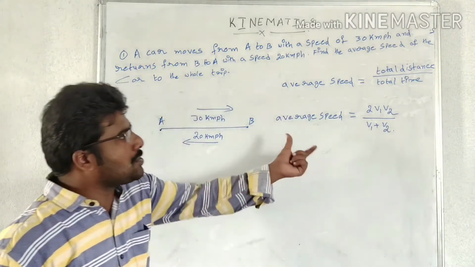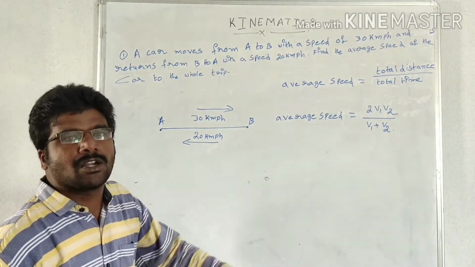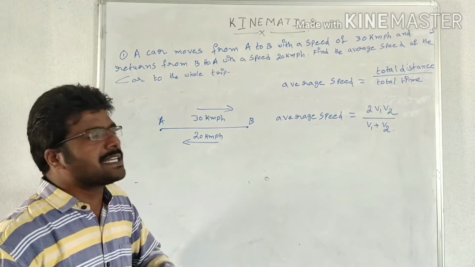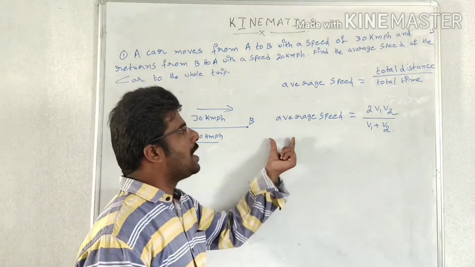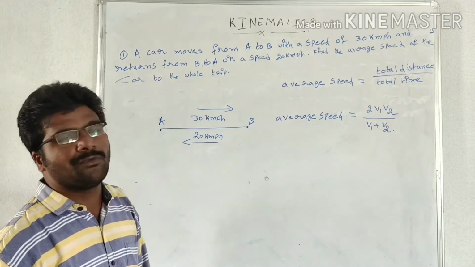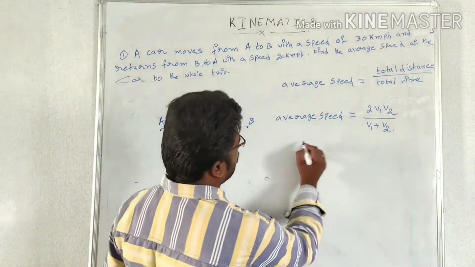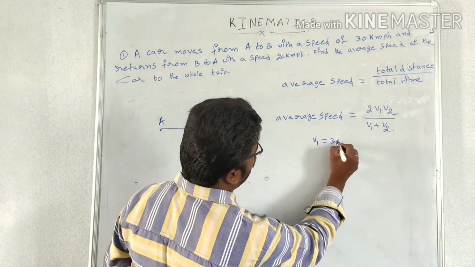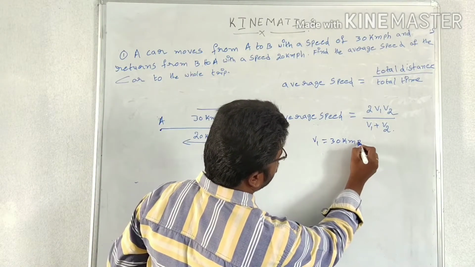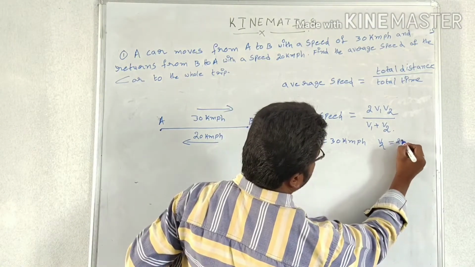When the total distance and total time are not given, we use this formula. Here V1 is 30 km per hour and V2 is 20 km per hour.